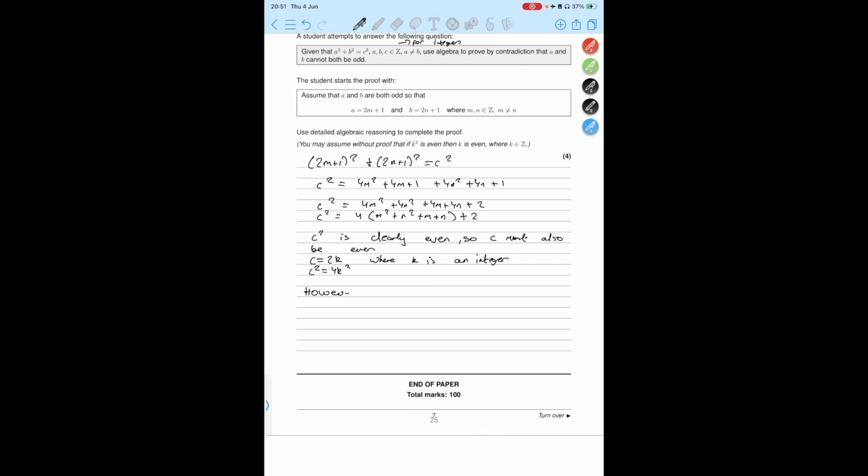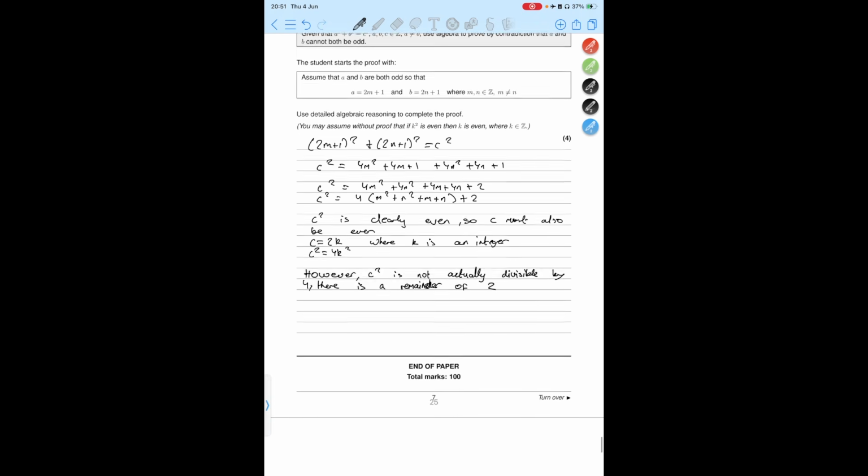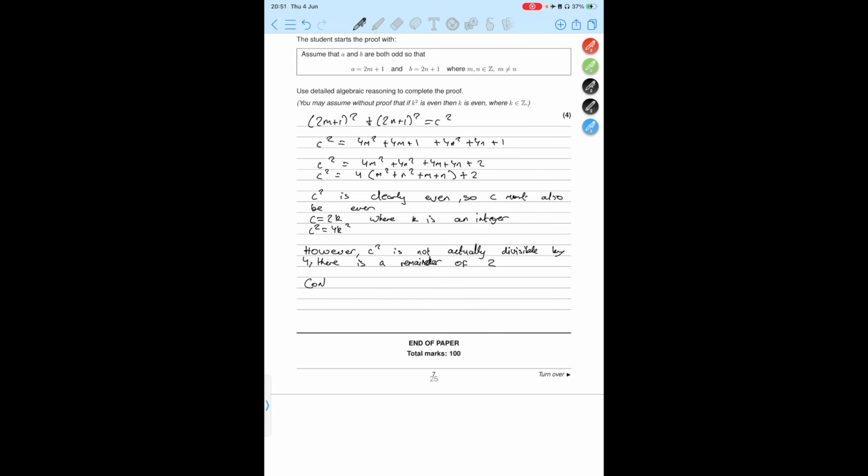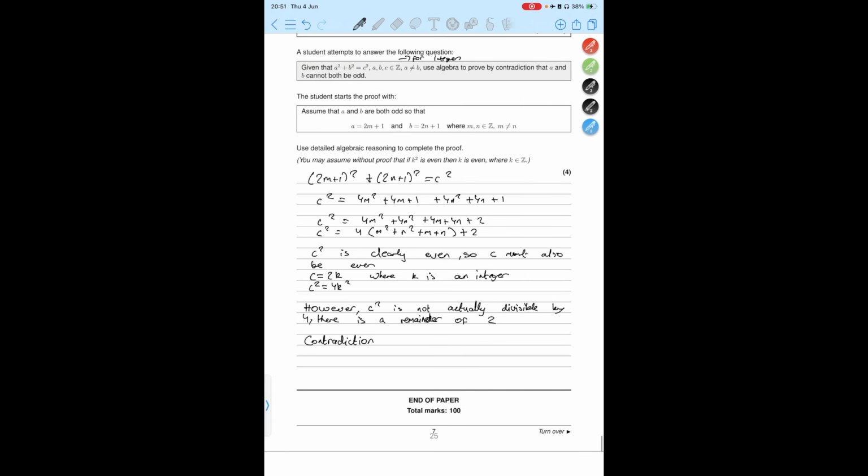So we can say, however, c squared is not actually divisible by 4. There is a remainder of 2, which is a contradiction. Because we've assumed that we have to prove this for integers. So we've clearly got a contradiction.